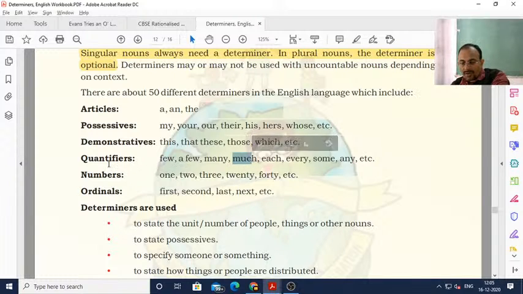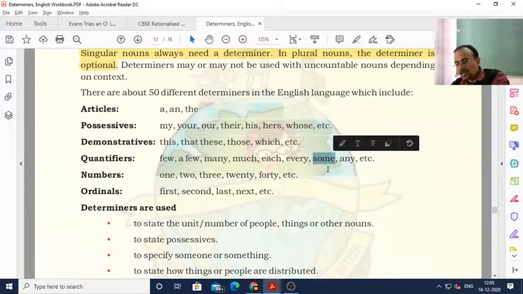So quantifiers are a combination of countable and uncountable determiners. Some can be countable as well as uncountable, like there are some boys present there, or I have some money with me. Understood? Any can also be countable as well as uncountable.